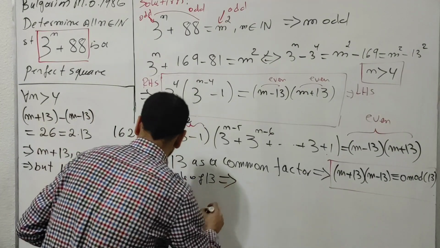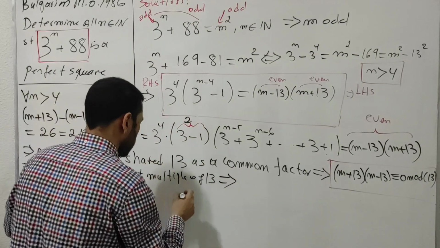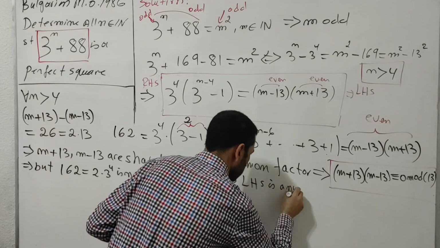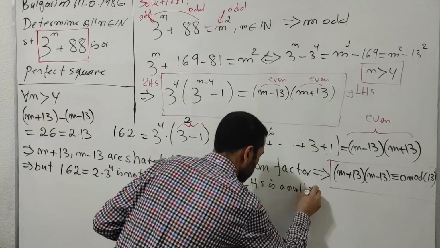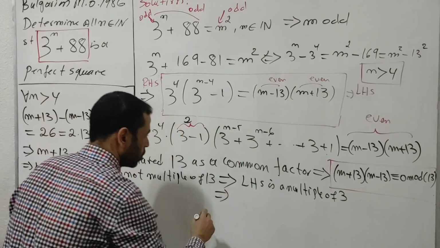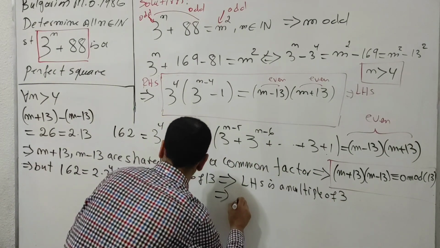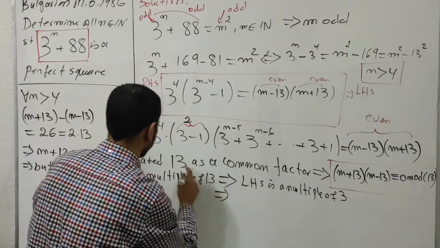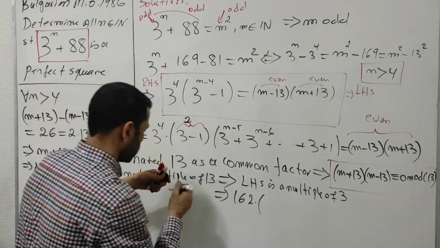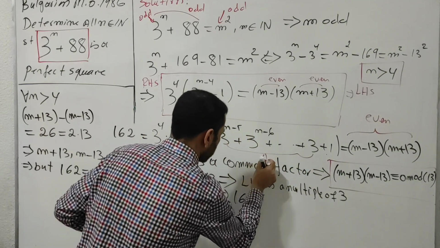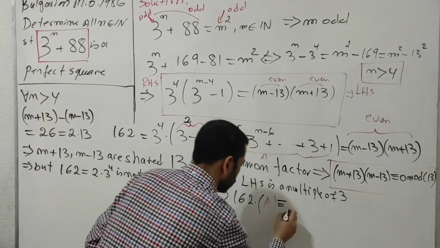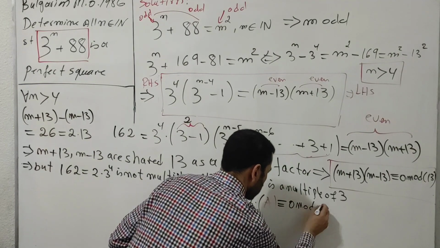So this implies the left hand side of this equation is a multiple of 3. By using the congruence rule, I will get this expression: 162 multiplied by capital A, let's call this one capital A, is congruent to 0 mod 3.